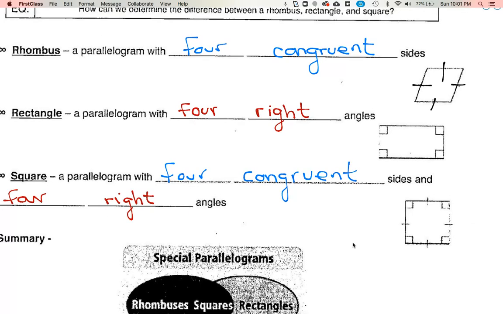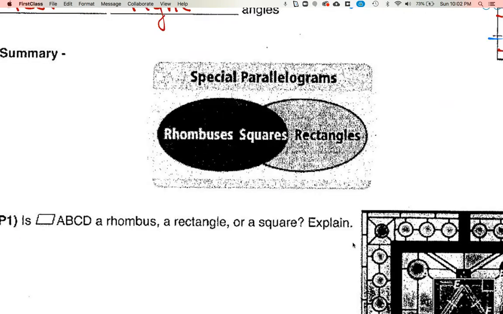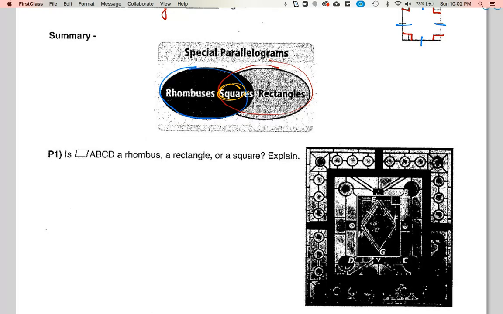So it is both rhombus and rectangle. Half rectangle, half rhombus. Maybe they should have come up with a better name than square for a hybrid shape like that. We have a little Venn diagram down here below that basically just shows rhombus, rectangle, and there's the square, which is the overlap of those properties.